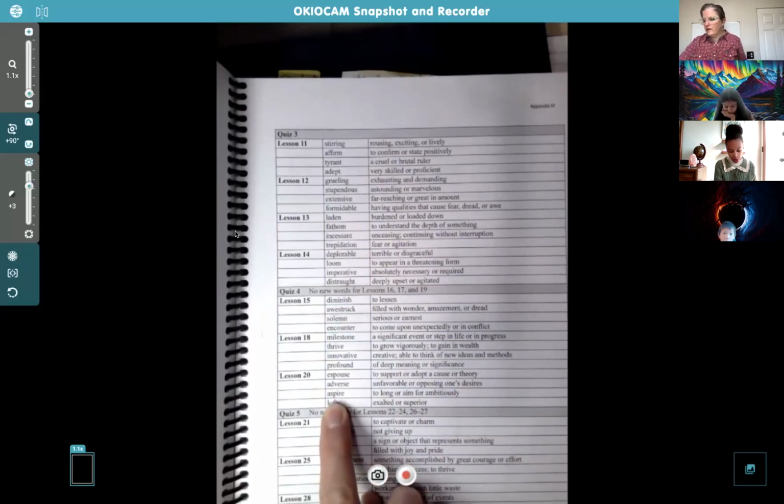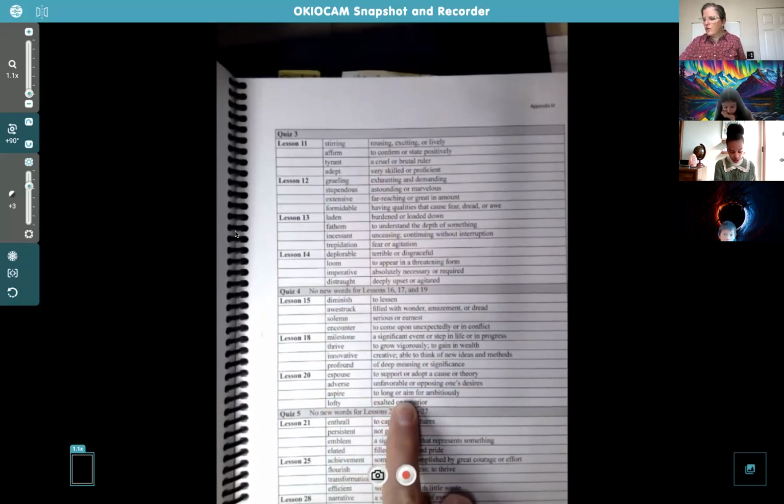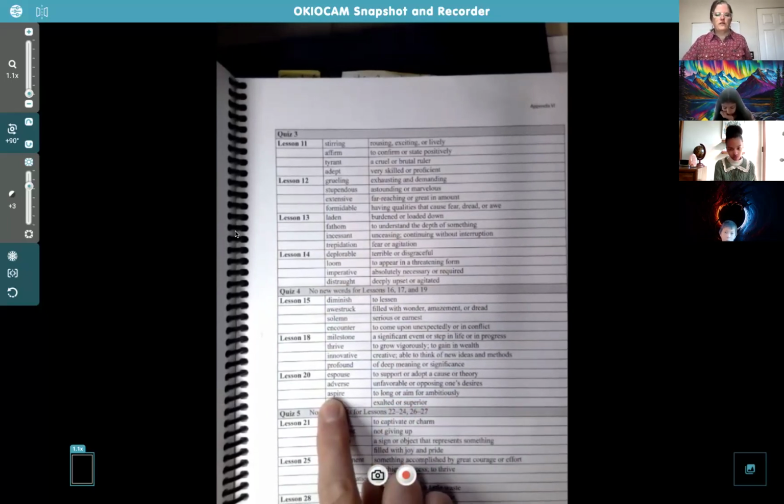Aspire, this is a good one. Aspire is to long or aim for ambitiously, like I aspire to be a veterinarian someday, or I aspire to be an astronaut. I think someday it's going to be possible for people to just take a trip to Mars or the moon or something.